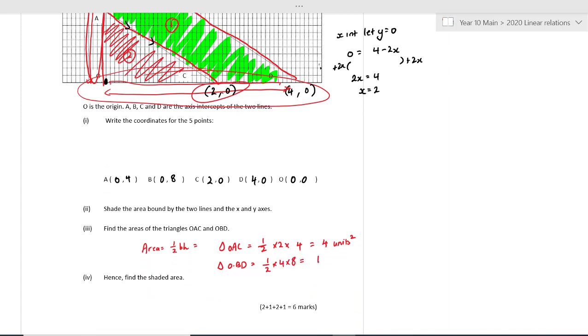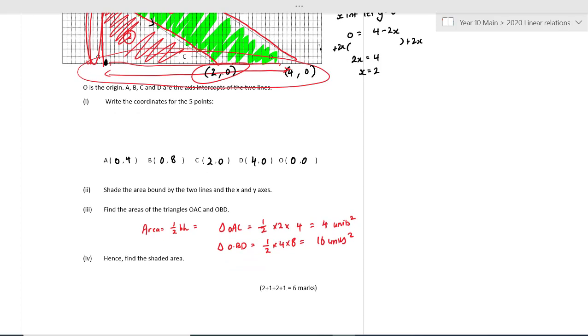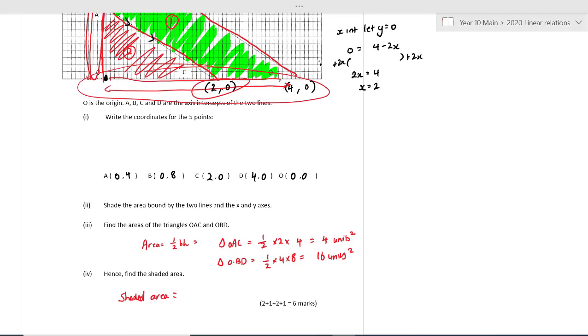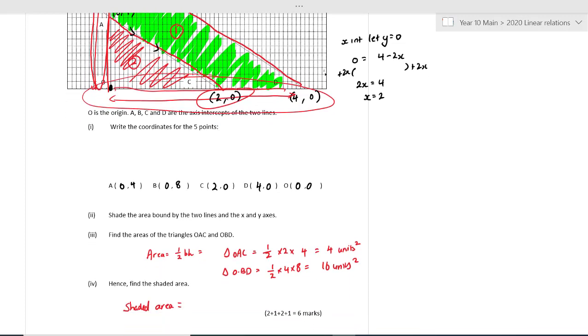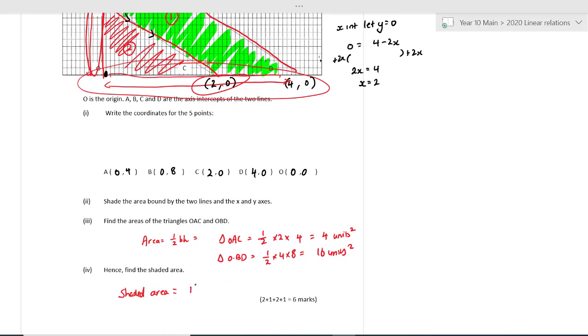Half of 32 is 16 units squared. So hence find the shaded area. Therefore, the shaded area is that green one. If I have the big triangle and I subtract the small triangle away from it, then the area that's shaded in green is going to be that.